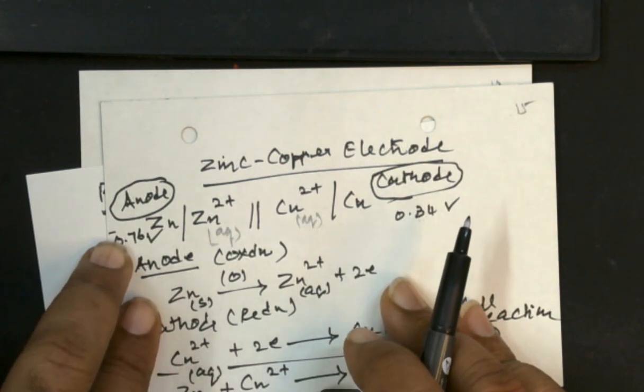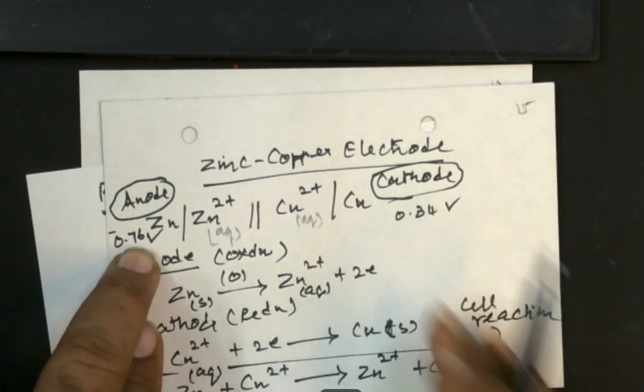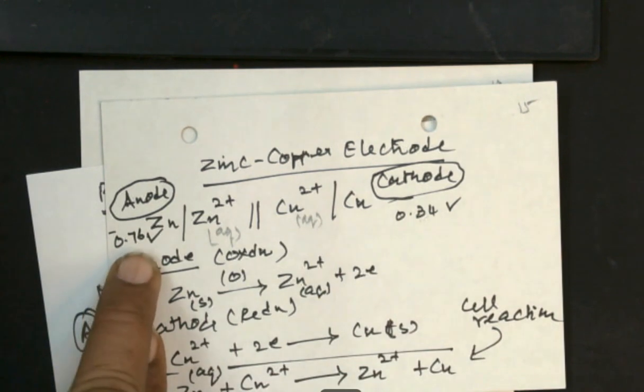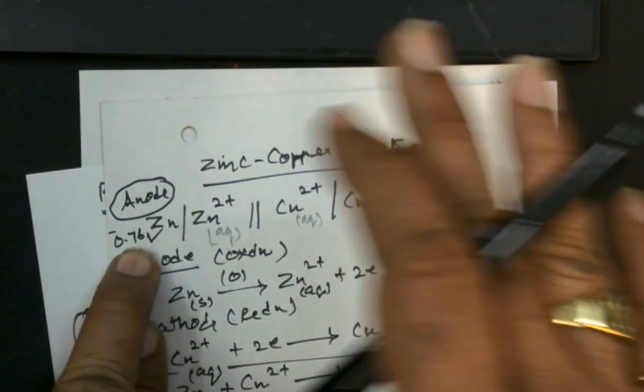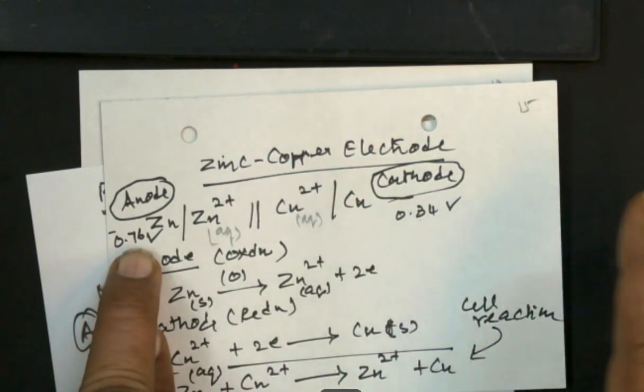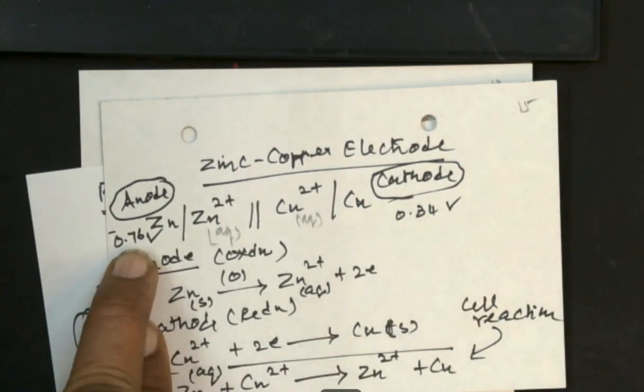Truly speaking, the reduction potential of zinc 2 plus is 0.76 volt only. But since it is introduced as anode, it is given as a minus value. So let us remember that we should go only by reduction potential.